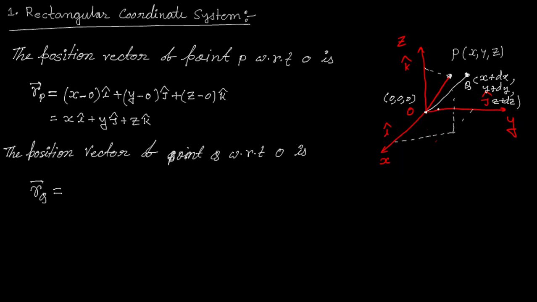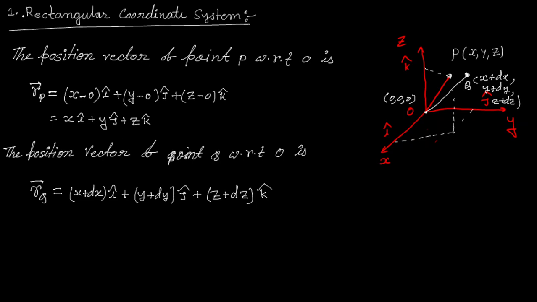So the position vector of this Q point with respect to this origin is: x plus dx, the x coordinate of Q point, into i cap, plus y plus dy, the y coordinate of Q point, into j cap, plus z plus dz, the z coordinate of Q point, into k cap. Okay, so this is the position vector of Q point.